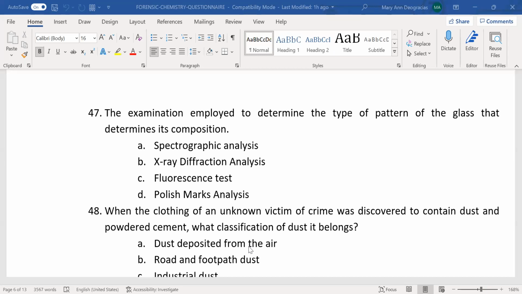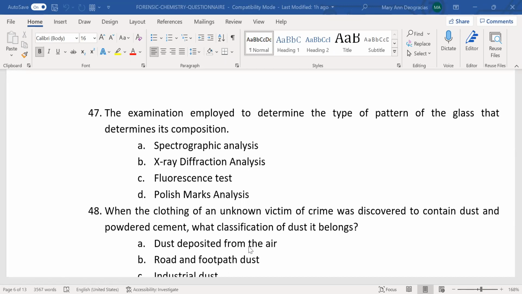Fluorescence, physical and chemical characteristics of glass yan. Thus, the polish marks, this is the detection of the fine marks which were left at the time of the manufacture. So, preliminary si polish marks analysis. Ang conclusive dito yung A and B. Pero ang pinagkaiba nila si spectrographic, trace elements ang i-identify niya.